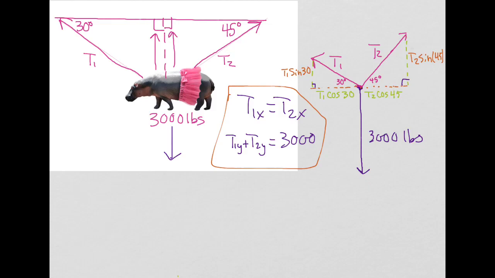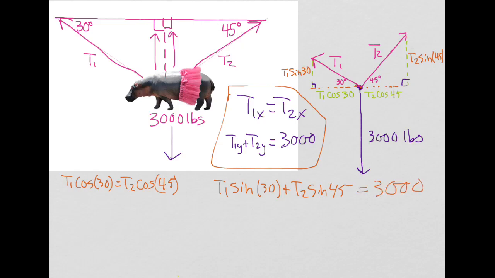So let's fill that in with those values that we found. So we're going to get T1 cosine of 30 equals T2 cosine of 45. Now the second equation we're going to get is T1 sine of 30 plus T2 sine of 45 equals 3,000.